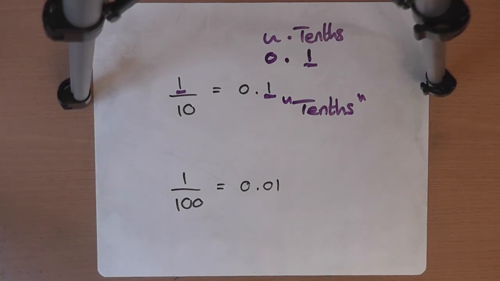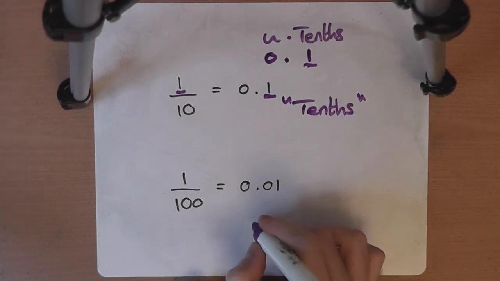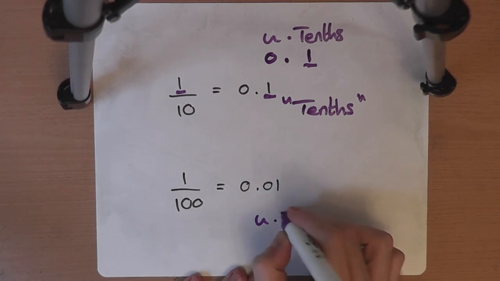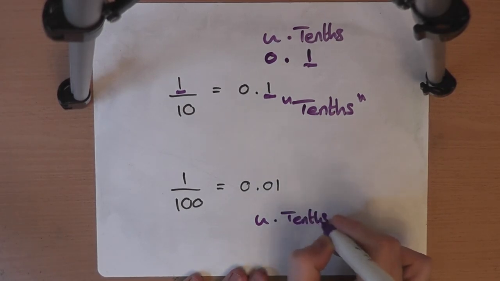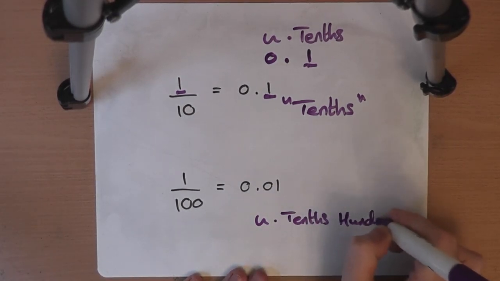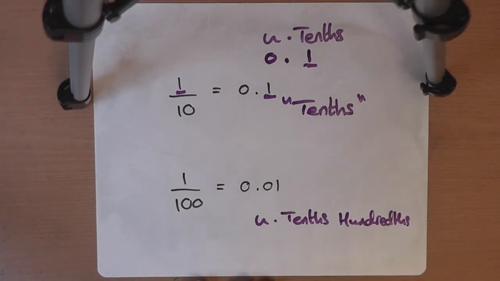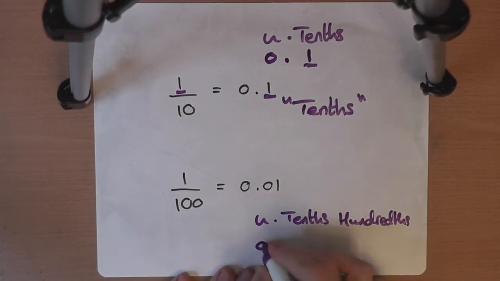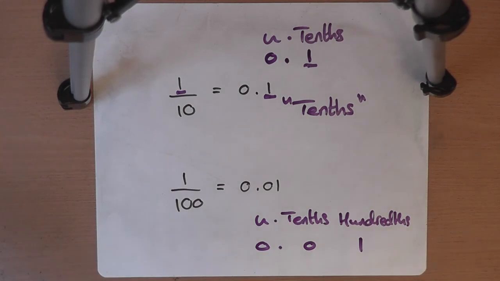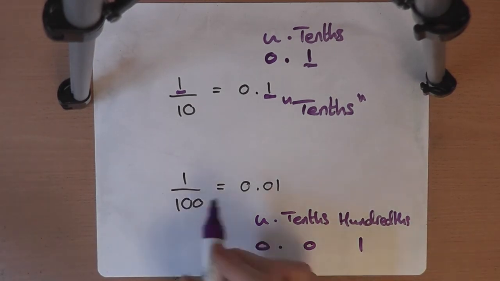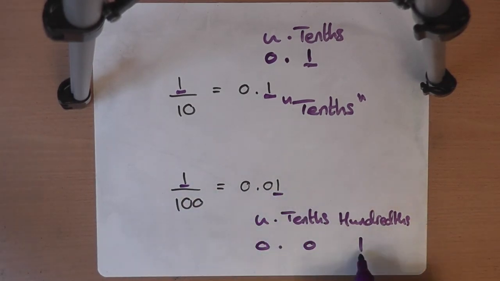Same with the 0.01. If you think about your hundreds, tens, and units, we'd have the units, the tenths, and then the hundredths. And 0.01 would end up with the 1 digit being in the hundredths. 1 hundredth, 0.01, and a 1 in the hundredths.